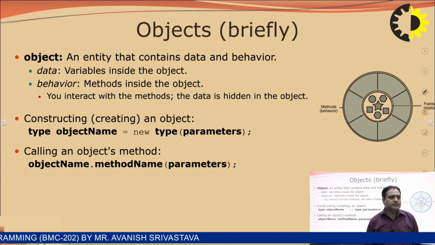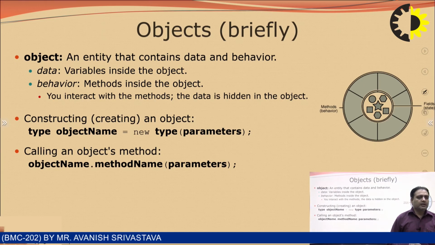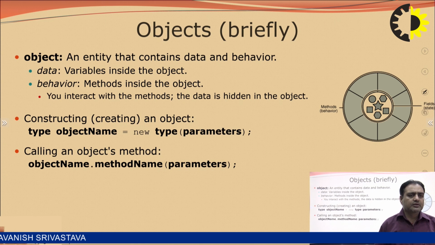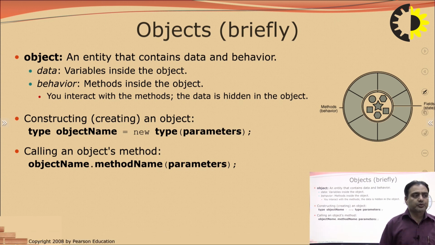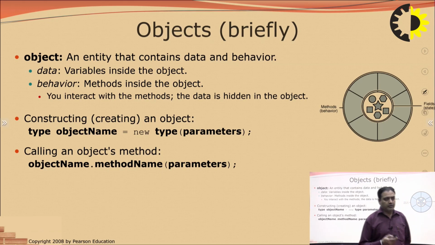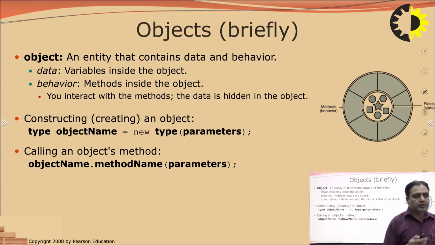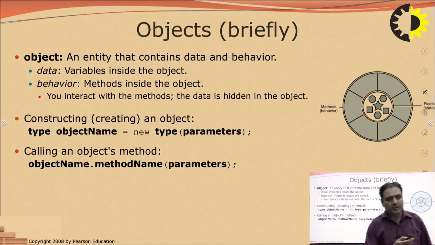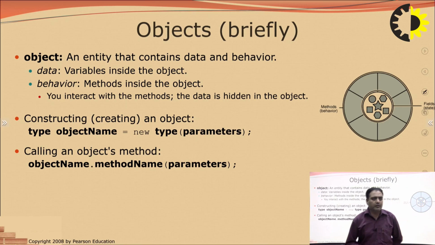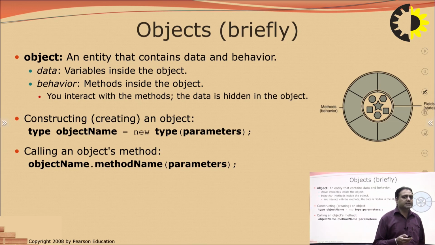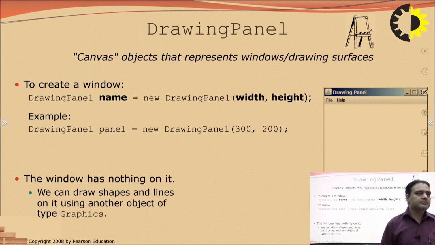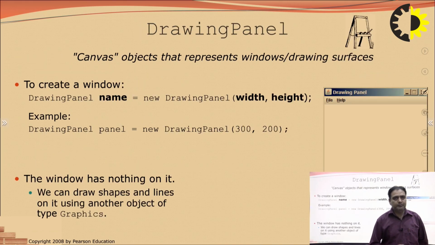Calling an object's method: objectName.method(parameters). How can you call the methods? You can call the methods through the objects: the object name, dot, method name, brackets with parameters, and a semicolon. Through this statement you can call the methods that are defined in a class. Drawing panel: one important point is the drawing panel.